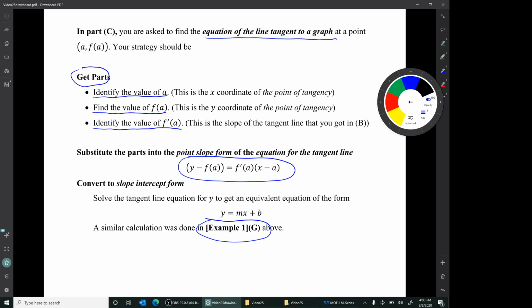In that example, all of those values had been computed earlier in earlier parts of the example. If you're in a problem where you have not already computed those things, then you'll have to compute them at the time where you need them. So then once we got the parts, we substituted them into this form of an equation, and then we solved the equation for y in order to get an equation of this form, slope-intercept form.